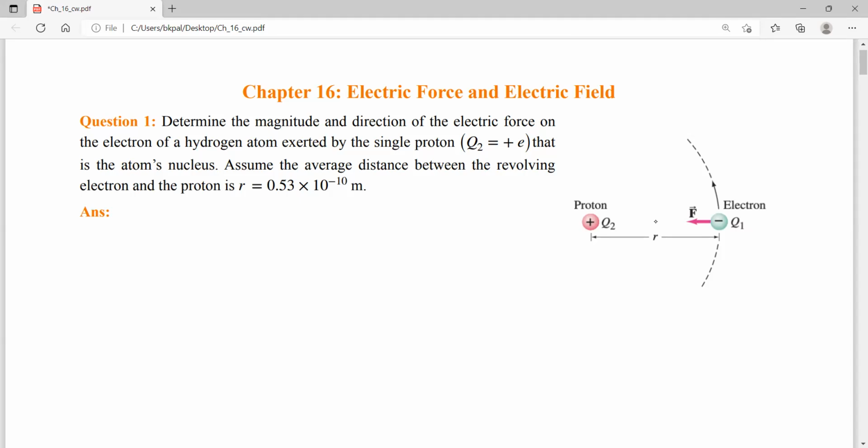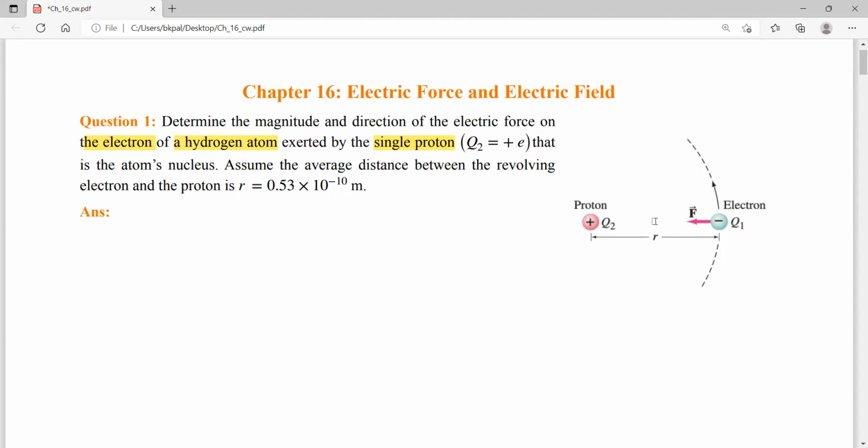The charges here are the proton and the electron of a hydrogen atom. You know that a hydrogen atom has a proton and an electron. The proton is inside the nucleus and the electron is in the outer shell.